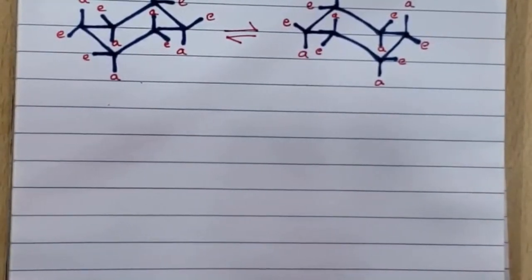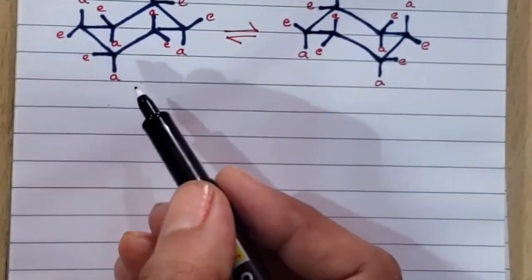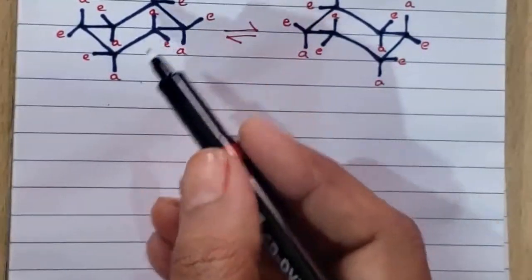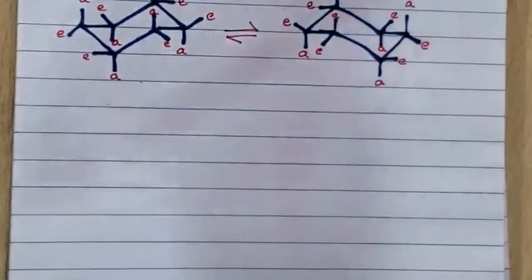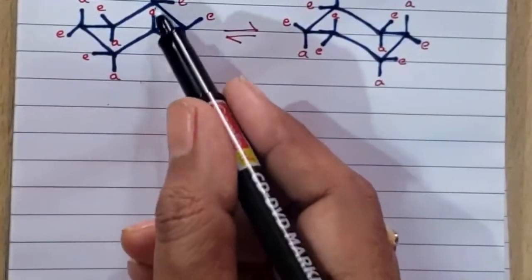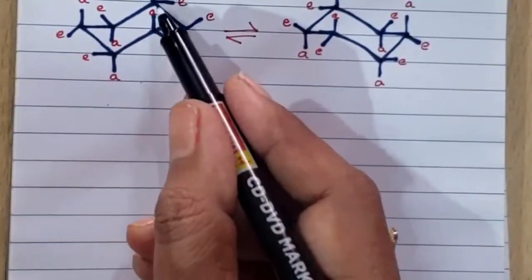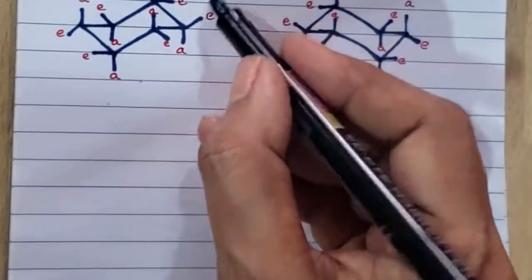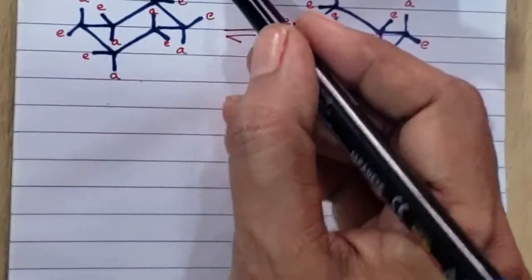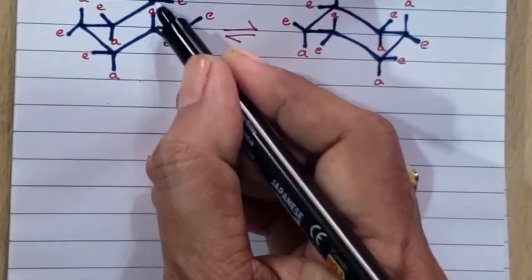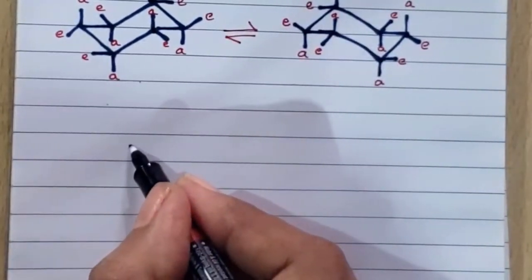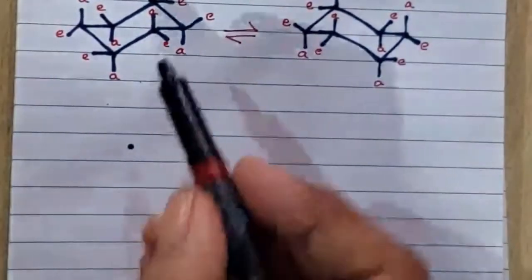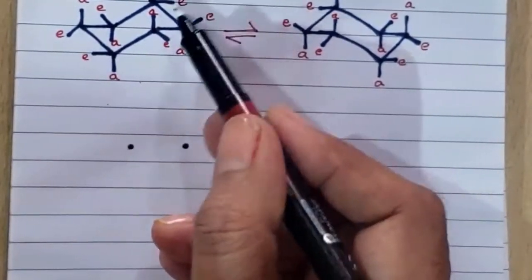Now we shall draw the Newman's projection formula of these different chair forms. For that we have to select any two carbon atoms, preferably those from the base of the chair, as front or back carbon atoms. So for this particular structure, if we watch this structure from this side, these two carbon atoms will be the front carbon atoms. These are shown by dots. These two will be back carbon atoms according to the viewer.